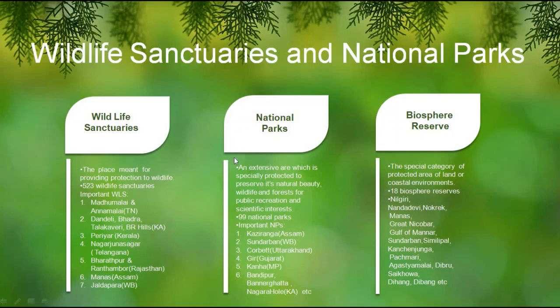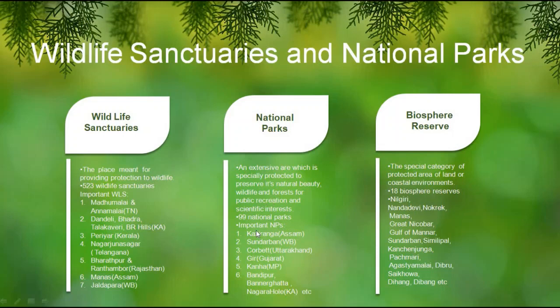Next, national parks. What is a national park? An exclusive area which is specially protected to preserve its natural beauty, wildlife, and forests for public recreation and scientific interests. The public can go and see the animals in the natural forest, how they move, etc. We can see them on a safari.